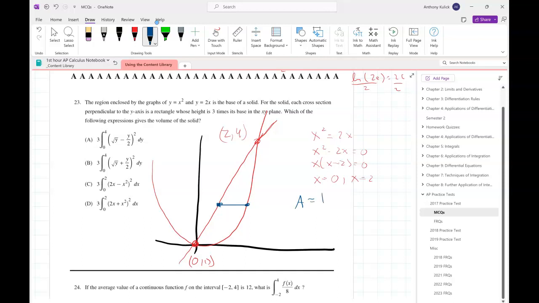So it's a rectangle, so it's base times height. But here we're told the height is 3 times its base.